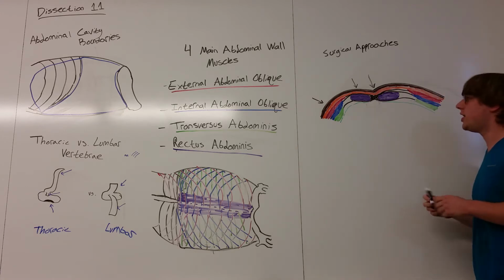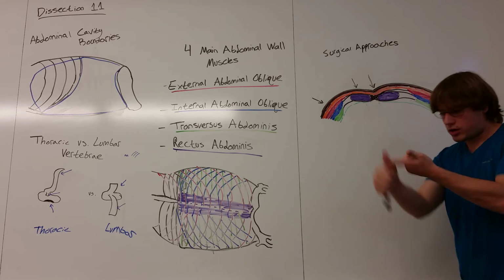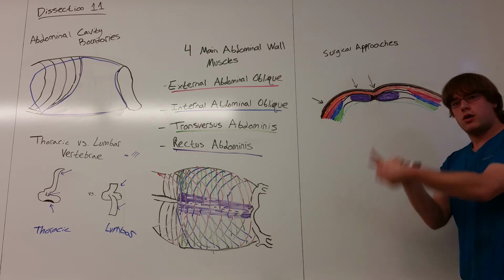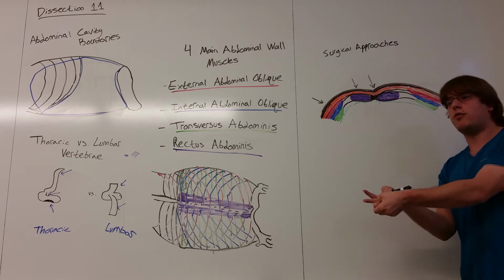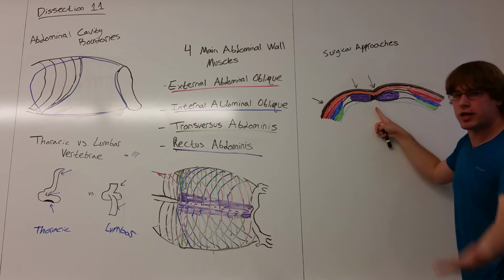So there is no muscle you hit. So if you're going straight through the linea alba, it's epidermis, dermis, subcutaneous connective tissue, combined aponeuroses of abdominal wall muscles, and then parietal peritoneum, and then you're in your cavity.